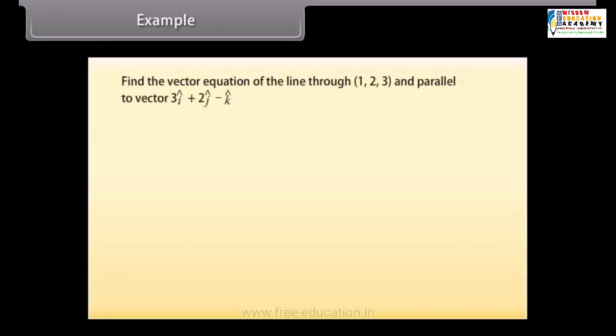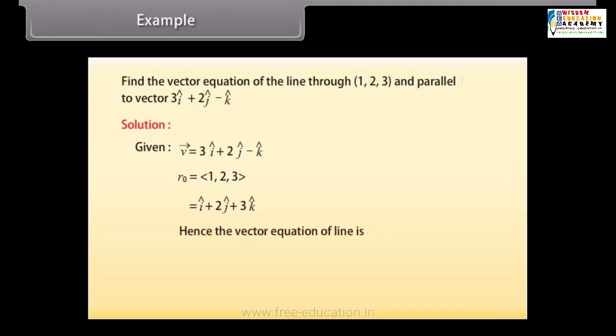Example. Find the vector equation of the line through (1, 2, 3) and parallel to vector 3 cap i plus 2 cap j minus cap k. Solution. Given vector v equals 3 cap i plus 2 cap j minus cap k. r0 equals (1, 2, 3) equals cap i plus 2 cap j plus 3 cap k.